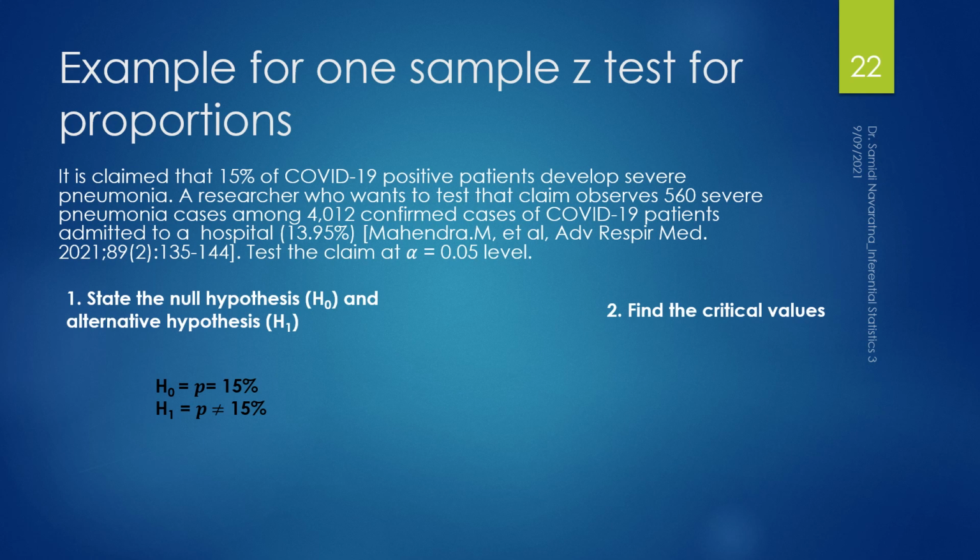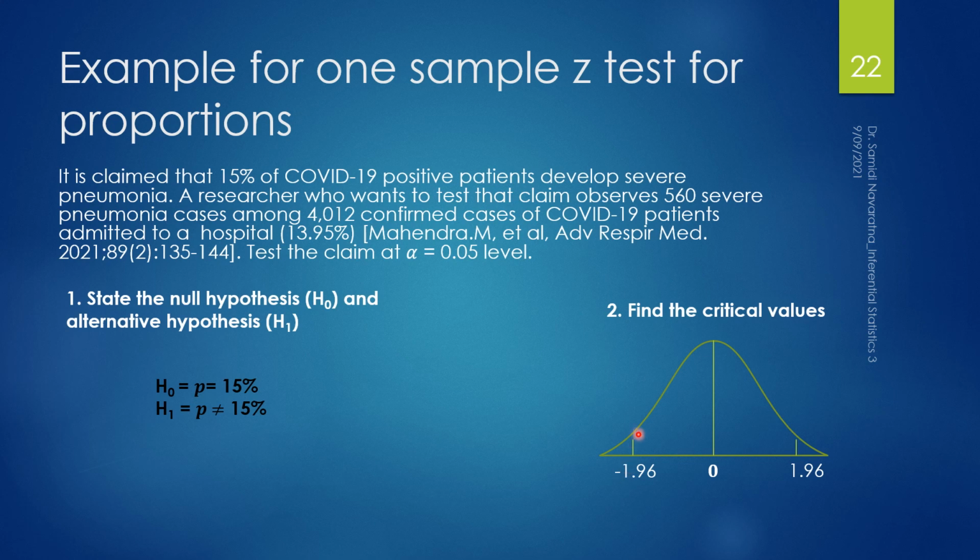So, the next step is to find the critical values. And we know that because this is a test of no difference, it's a two-tailed test, and the corresponding critical values for the alpha equals 0.05 level is 1.96.